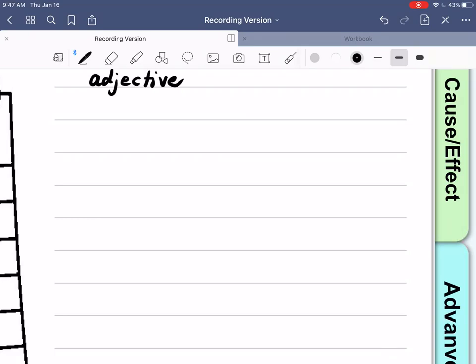Then we have weather. W-E-A-T-H-E-R. Weather. Have two vowels together, so that counts as one, and then the E. I am not positive about this, but I'm going to put it together just like this.